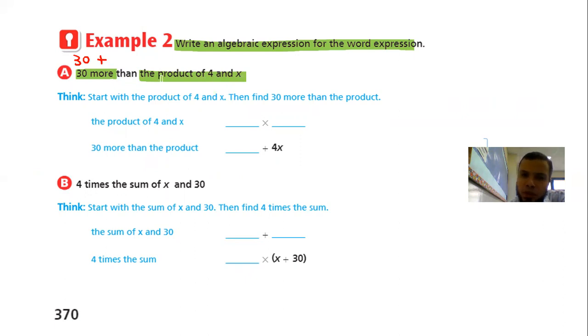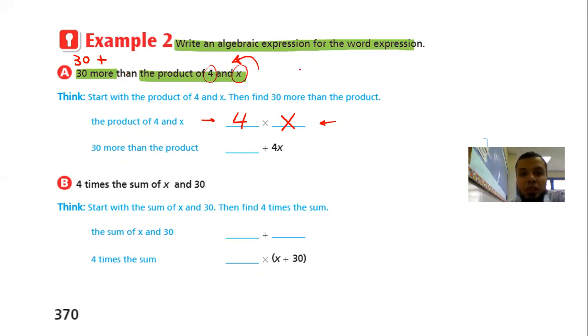The product of 4 and x. What's the meaning of the product? Look, guys, he wants you to know the meaning of the product first. When you see the word product, multiply. What and what? 4 and x. So 4 multiply x. Okay, this is the meaning, right?